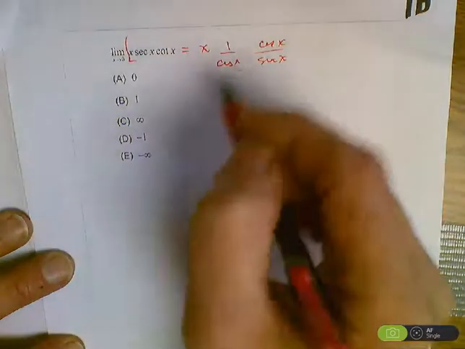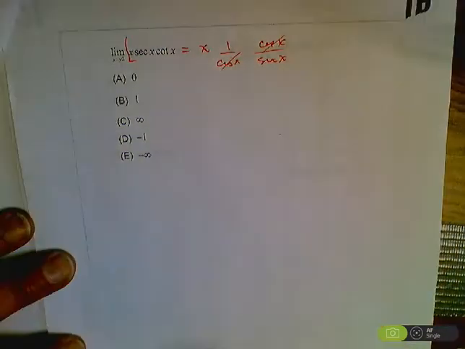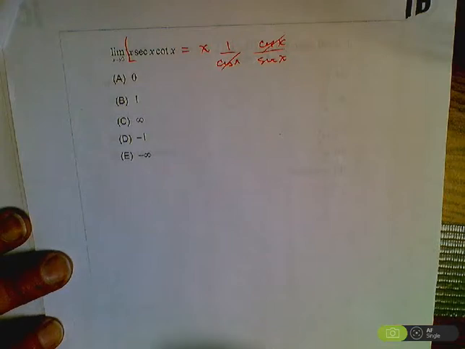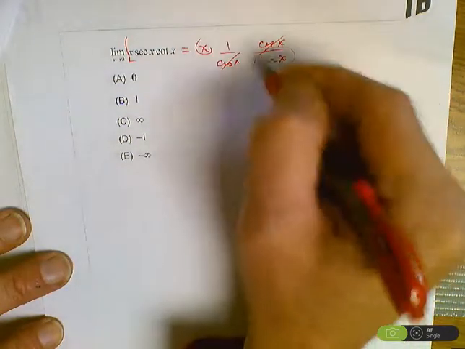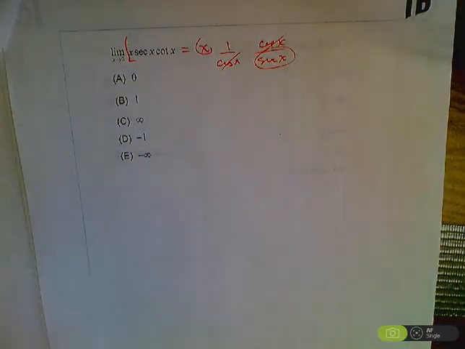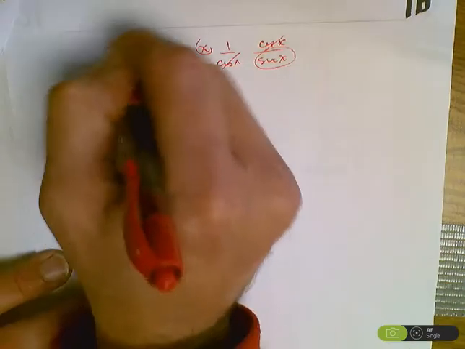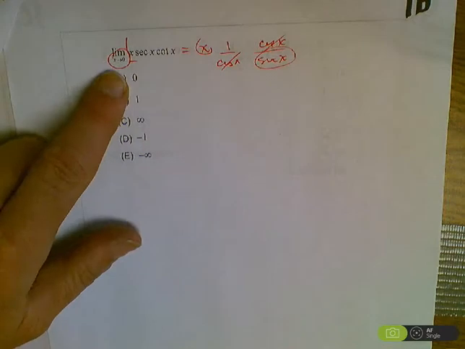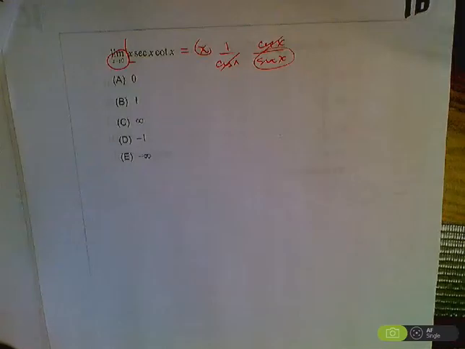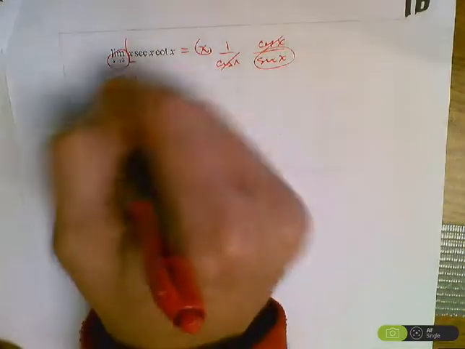You notice that your cosines reduce to 1, and what's left then is x over sine x. That's the same type of situation, because we know the limit of that is just 1 as x goes to 0. Don't get fooled. If this said x goes to infinity, that's not the same thing. It's got to be going to 0. Make sure you always check on that. So I'm going to go with B, 1.